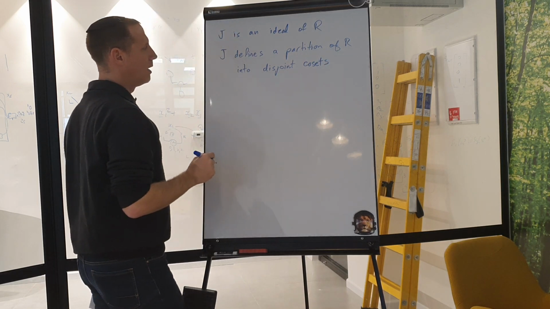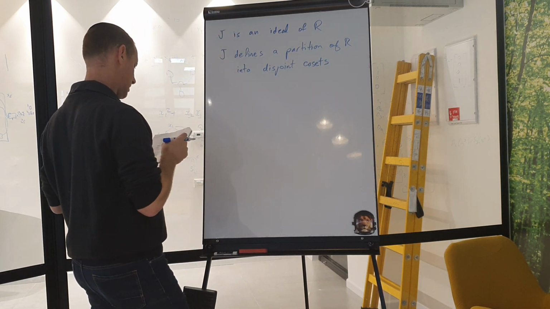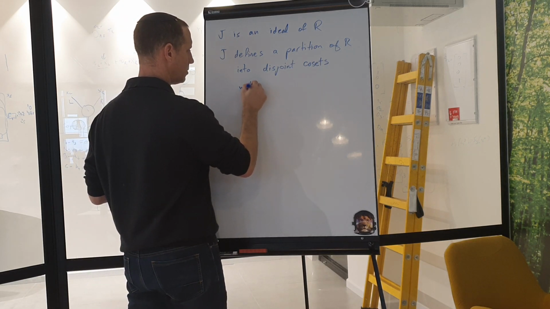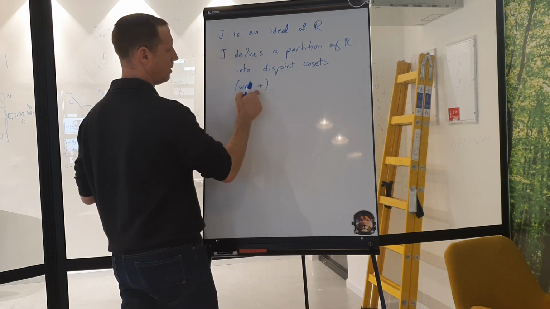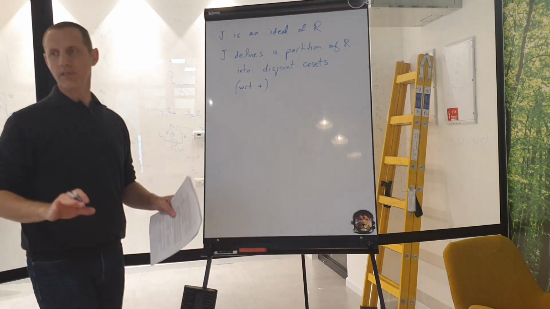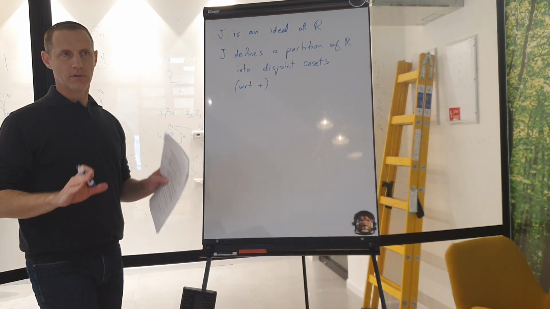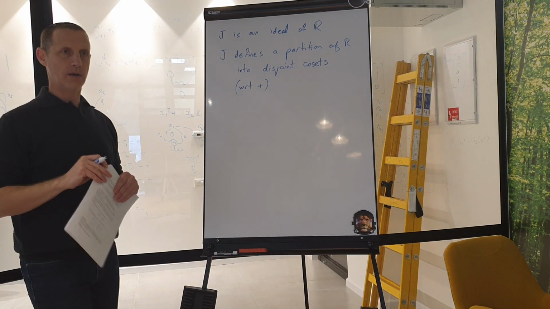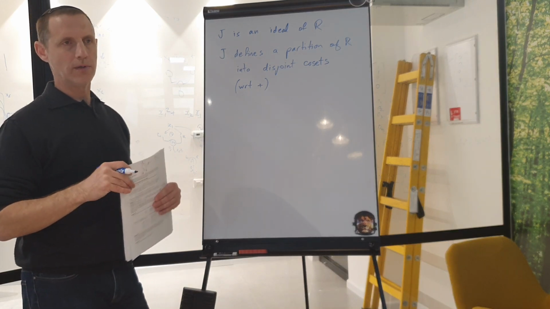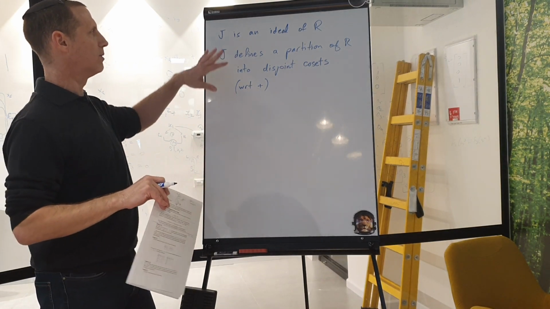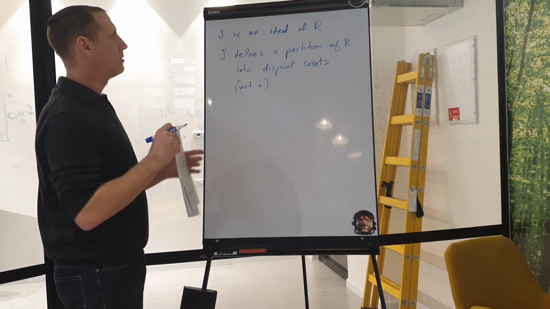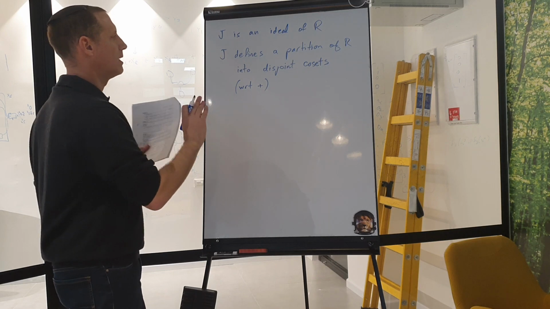Okay, and we do this specifically with regards to the plus operator. Very, very similar to how we used the subgroup to define a partition on the group. Remember with the equivalence relation, we can also show how to get the ideal. We can use an equivalence relation, but it doesn't matter.